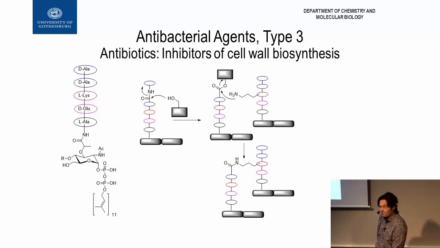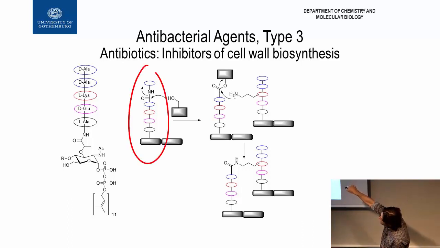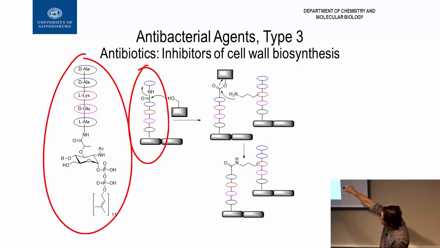Now, this is what happens with it. Imagine then that this illustration here is the same as this building block. So this black box or gray box is all the lower part here, and these rings in colors are the same amino acids as I have here.